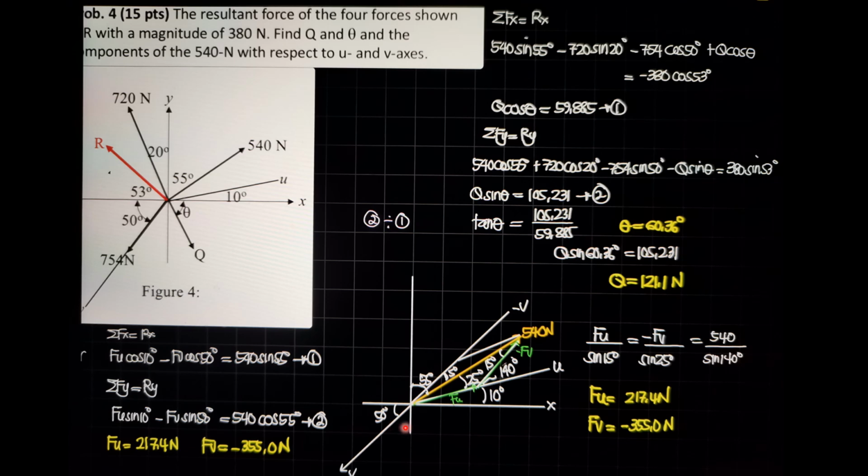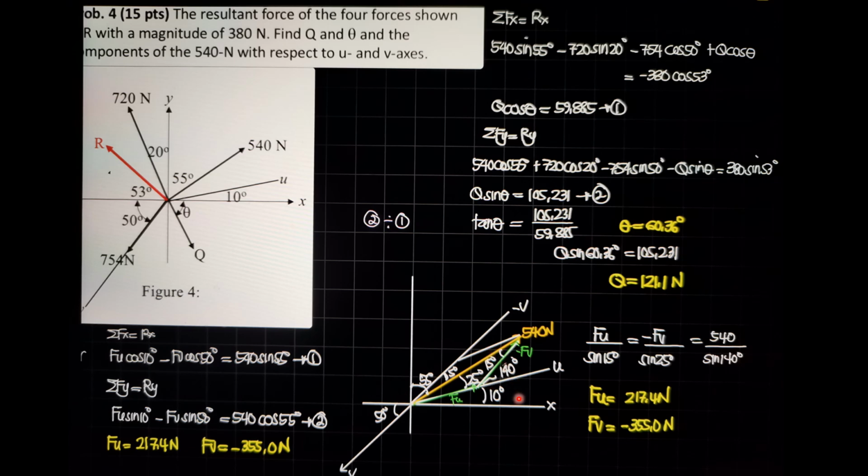So the angle it makes with the vertical is 40 degrees, 90 minus 50. So this is also 40 degrees. Since this is 55 degrees, the angle that the 540 Newton force makes with the Y-axis, and since the negative V-axis forms an angle of 40 degrees with the vertical, 55 minus 40 degrees, that's 15 degrees. And that 15 degrees, from the property of this parallelogram, is also 15 degrees.